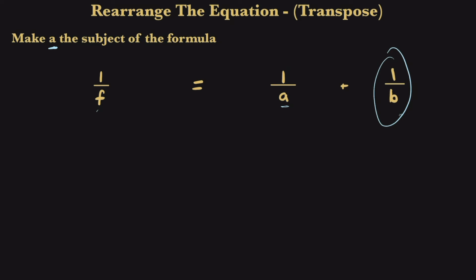So let's do that. The way that we're going to do that is we're going to reverse it by going 1 take b. So I'm going to take that term away from that side, and I need to do the same thing on this side. Take 1 over b.